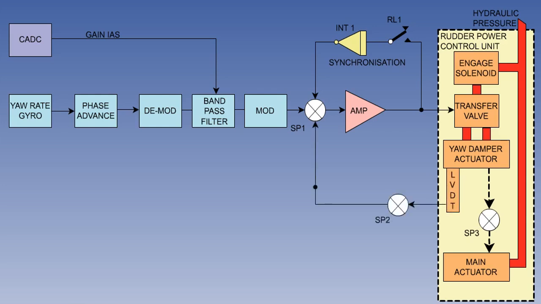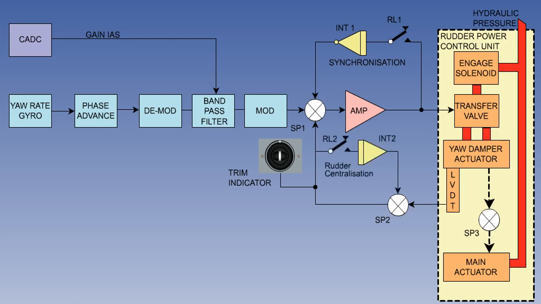The linear variable differential transformer, LVDT, senses the movement and sends a feedback signal to SP1 via SP2 to nullify the input from the yaw rate gyro. This signal also supplies the information to the trim indicator to show rudder movement caused by the yaw damper.